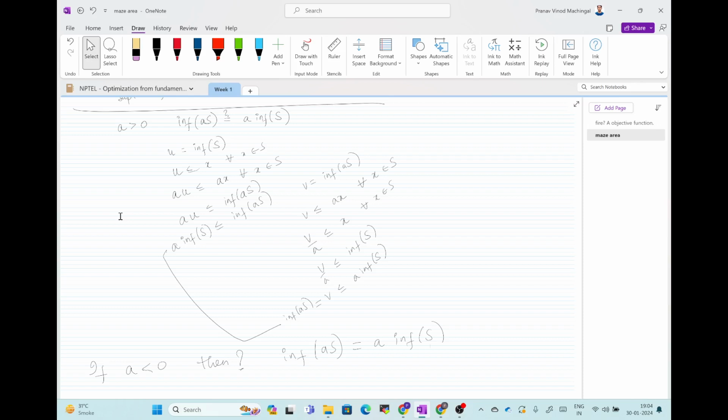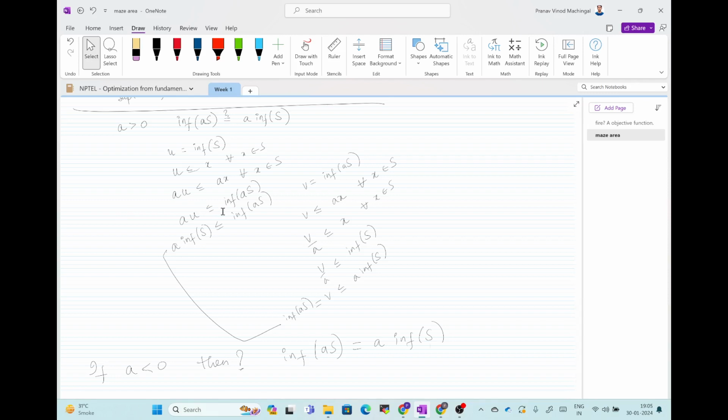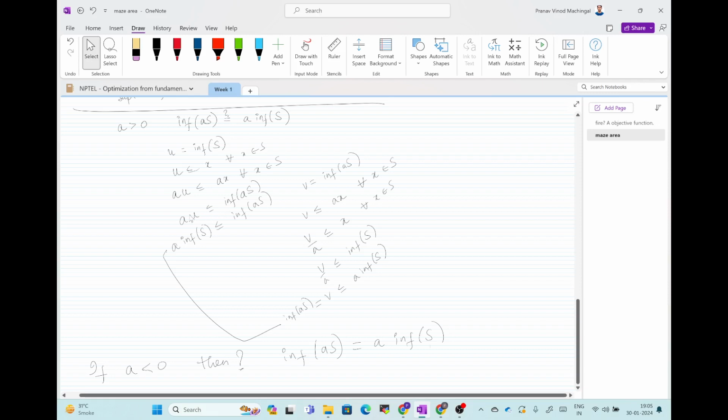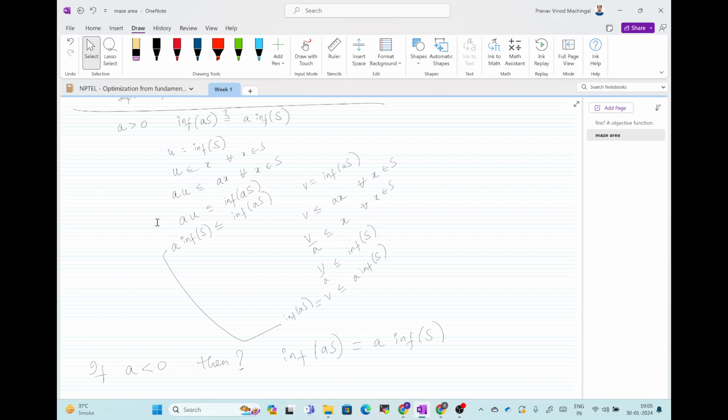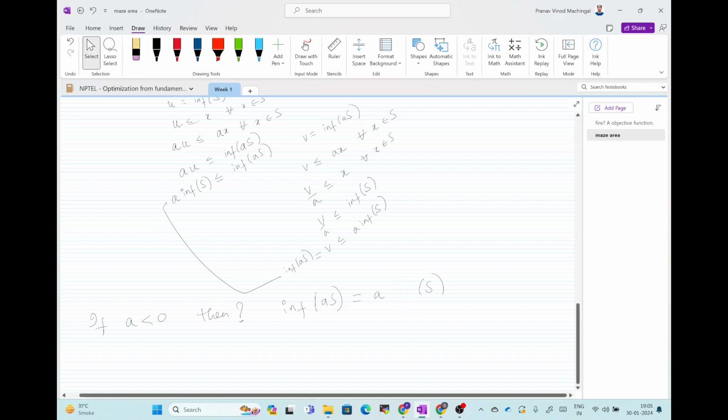You are going in the right direction. So then instead of infimum, you should use something else. Supremum. And yeah, it will go the other way around, right? Yes. So can we write this?